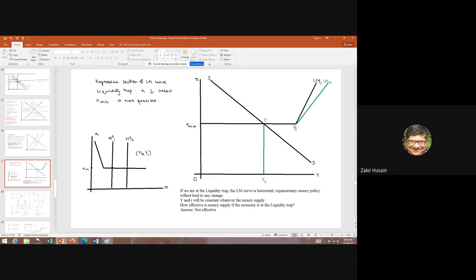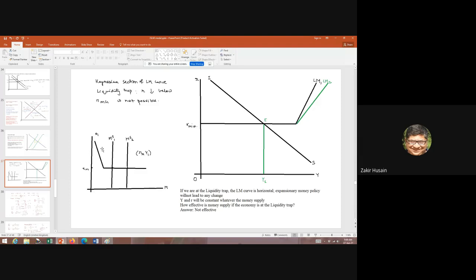Then we looked at two special cases in the ISLM model. One was the Keynesian case or liquidity trap, and we showed that in the money market, a change in the money supply does not have any impact on rate of interest or income. The equilibrium remains the same.